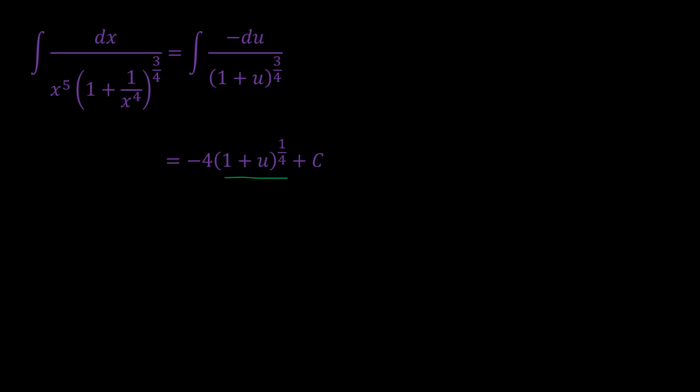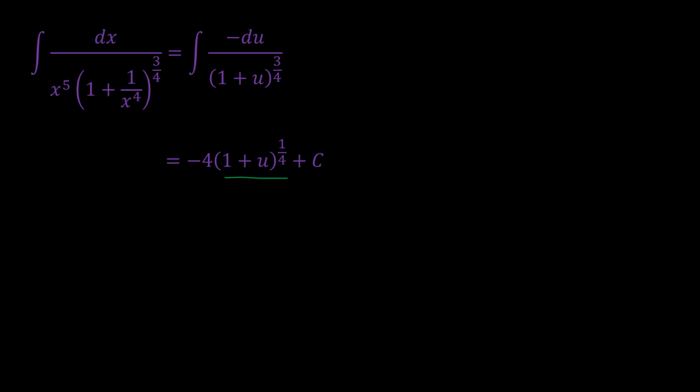So plus 1, because it's negative 3 over 4, plus 1 becomes 1 over 4, and obviously when you differentiate this part here, there is a constant 1 over 4, so to negate that constant we've put 4 here.